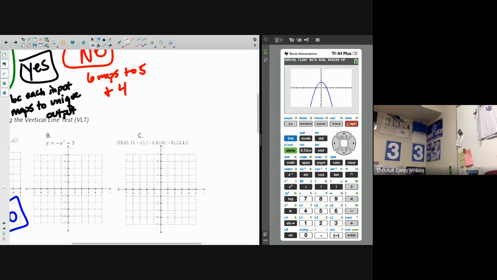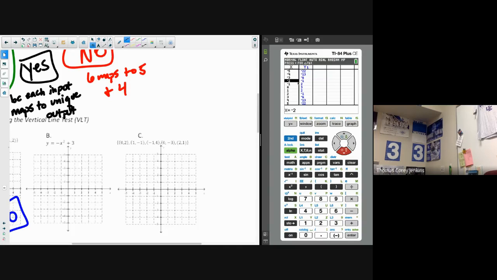Just to be really precise, I'm going to look at the actual points that I can fit on my graph. So it says -2 maps to -1. We have -1 maps to +2.